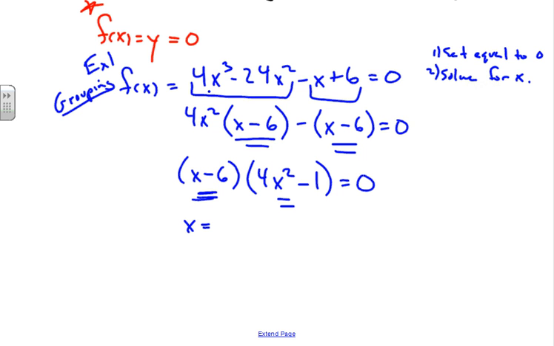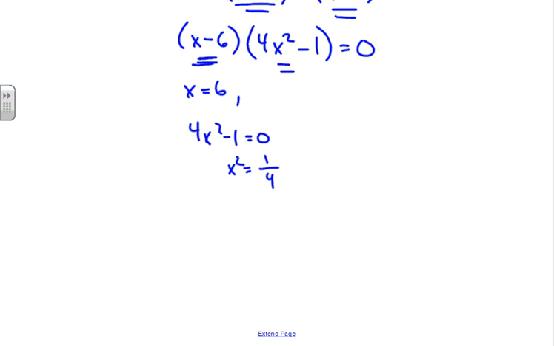Well, x equaling 6 is one of the solutions, or one of the zeros of the function. We also have, when we solve 4x squared minus 1 equals 0, we add 1, divide by 4, and that equals x squared. Now we take the square root, plus or minus the square root of 1/4, which equals plus or minus 1/2. And that is how we find the zeros.